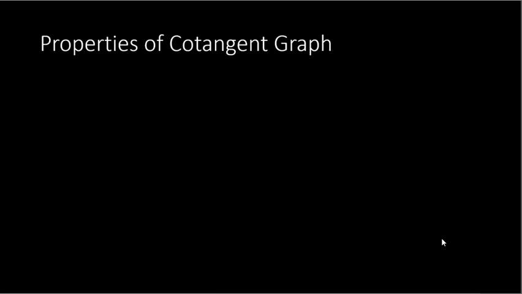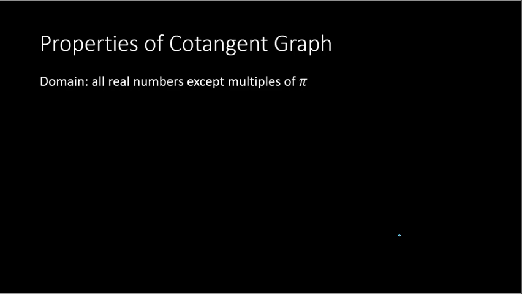Now let's talk about the cotangent function. So some properties of the cotangent graph is, first off, the domain would be all real numbers except for, in this case, multiples of pi, which makes sense because if you think of cotangent as cosine over sine, sine cannot be 0, right?